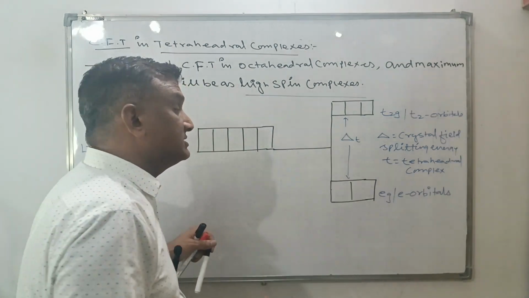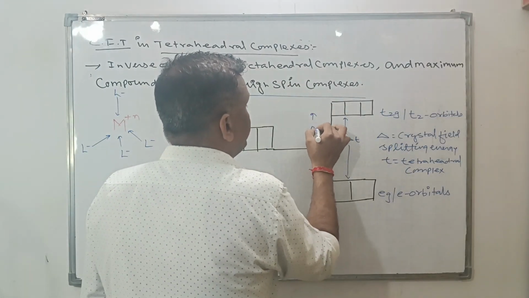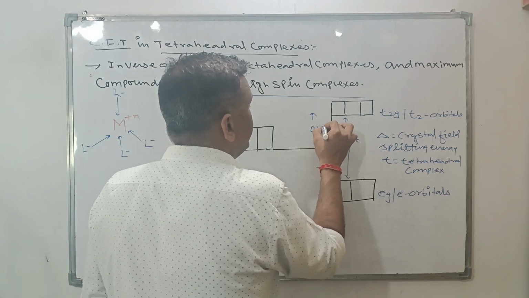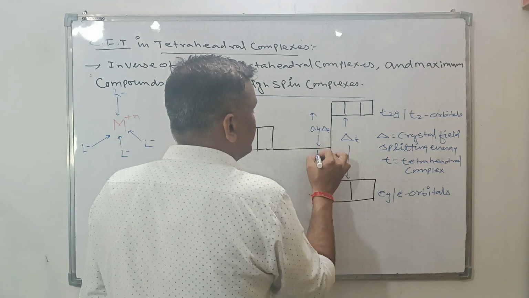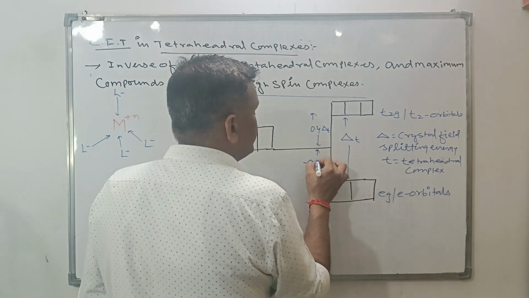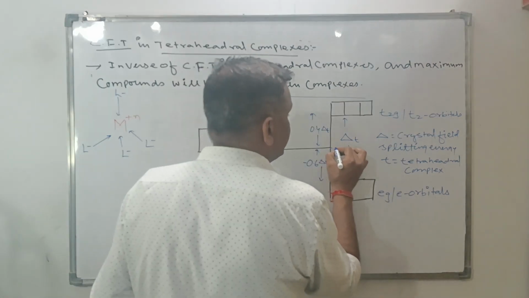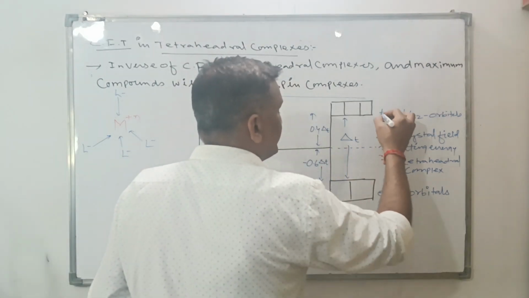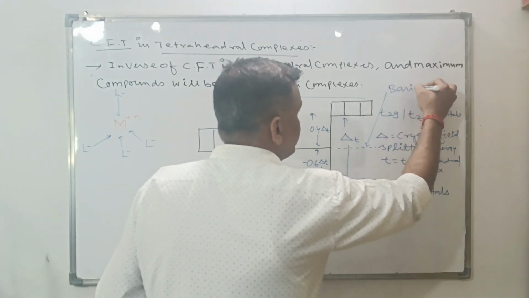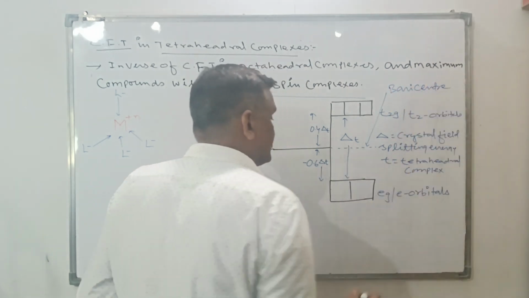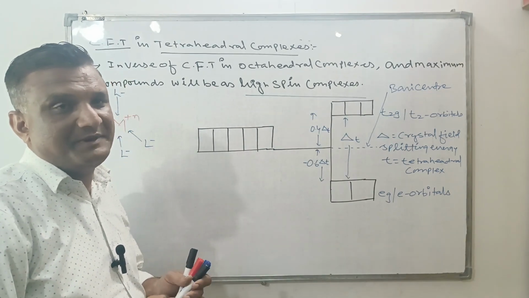If we go with the energy difference, then this is 0.4 of del T, and this is minus 0.6 of del T, and this is the barycenter. So this was about CFT in tetrahedral complexes.